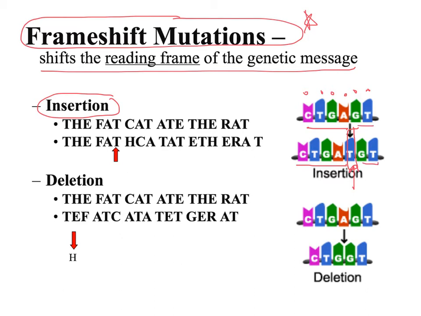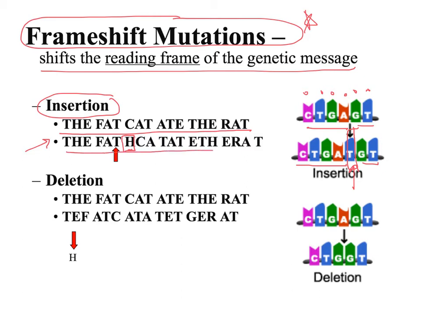So how does this affect the organism? Let's go back to our reading frame over here. So the fat cat ate the rat. That's our initial reading frame. And I'm going to insert an extra nucleotide, and I did that right here, right after that arrow there. So now let's see what our new reading frame is. The fat hacha tat eth era t.